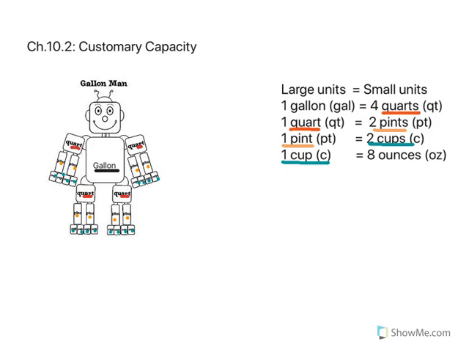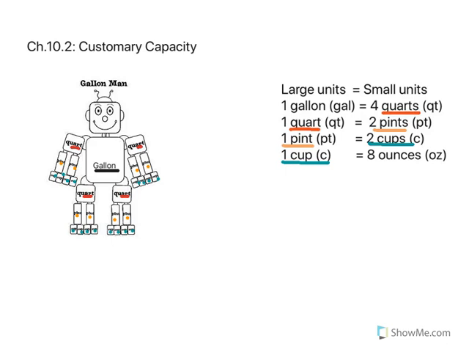Now also looking at this chart, I can see that 1 gallon equals 2, 4, 6, 8 pints. I also know that if there's 4 cups here, 4 times 4, 1 gallon equals 16 cups. So we could use gallon person. Shouldn't really call him man. He could be a person. Let's be gender neutral here.